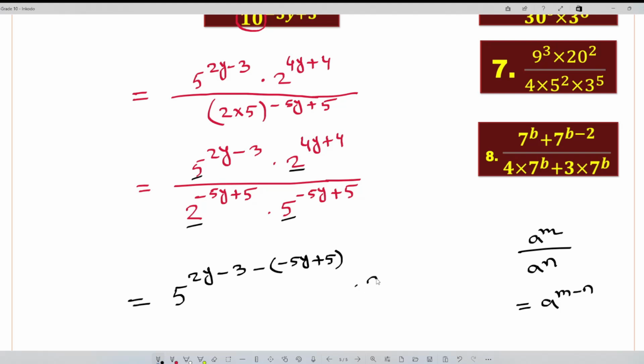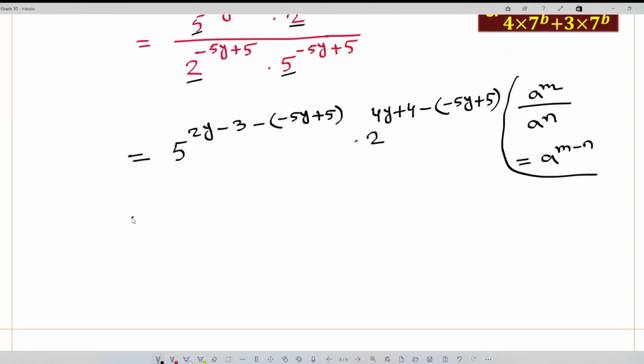Similarly, here is 2, 4y plus 4 minus, minus 5y plus 5, right? Then look, 5 to the power 2y minus 3, here minus and minus makes plus 5y, and plus minus 5. Similarly, here 4y plus 4, minus minus makes plus 5y minus 5.